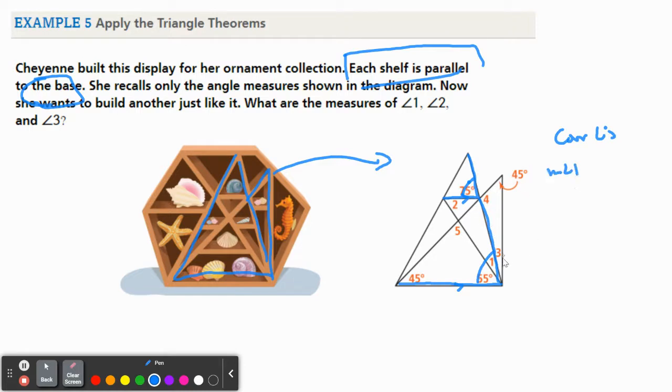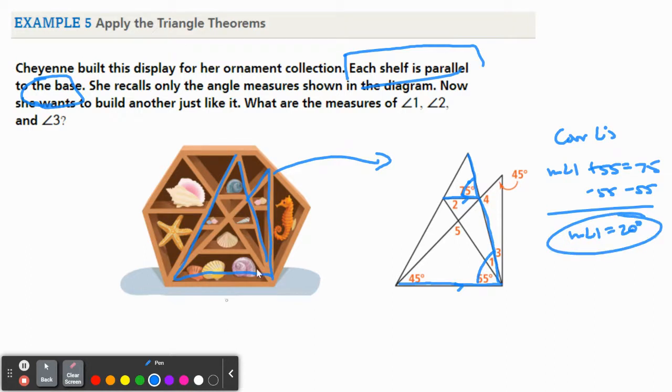The measure of angle 1 plus the 55 degrees will equal 75 degrees. Again, corresponding angles are congruent. If we subtract the 55 on both sides, we get that the measure of angle 1 is 20 degrees. So there's our first angle measure. Angle 1 is 20 degrees.